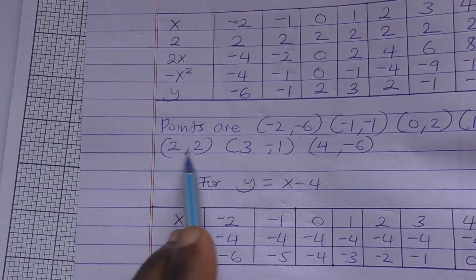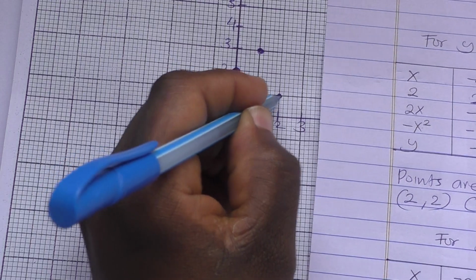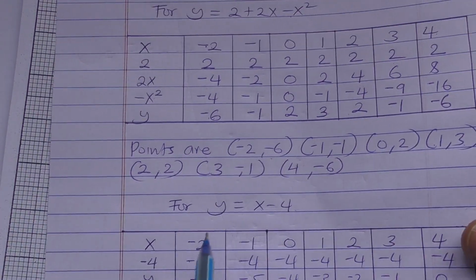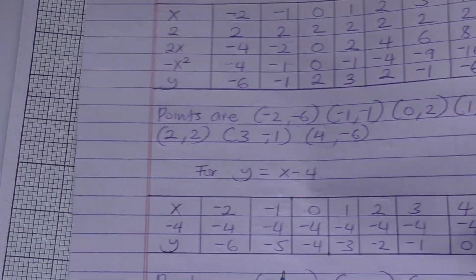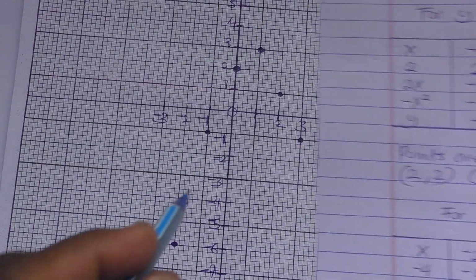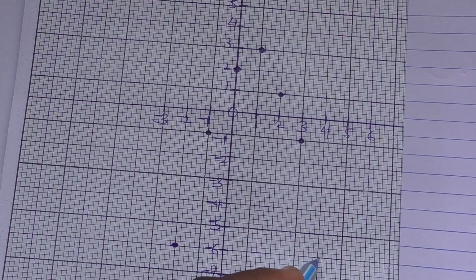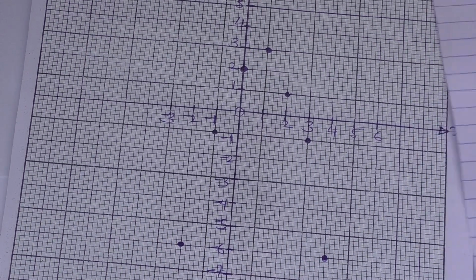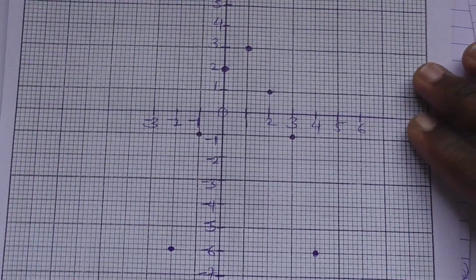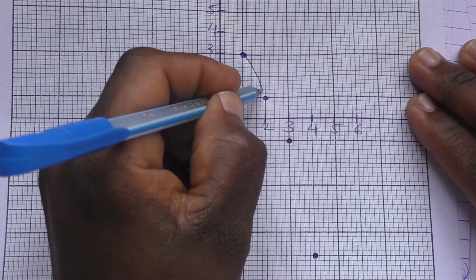We shall have (2, 2). (2, 2) is here. We shall have (3, -1). (3, -1) is here. We shall have (4, -6). So (4, -6) is here. Then from there we shall join to form the curve.